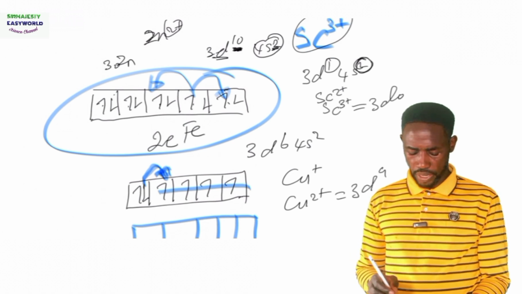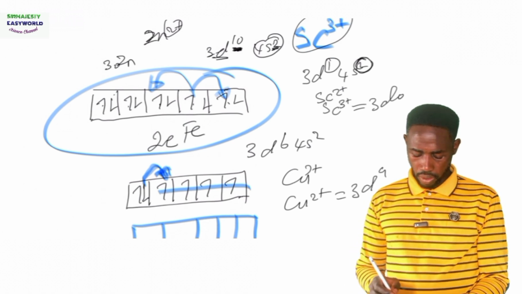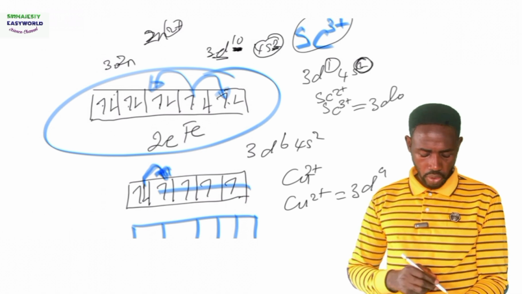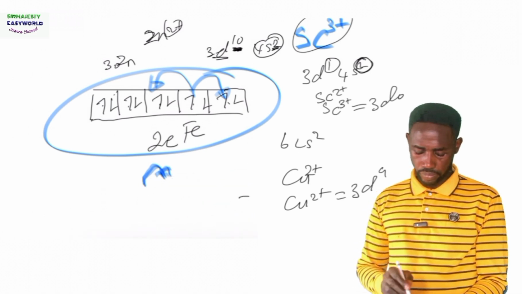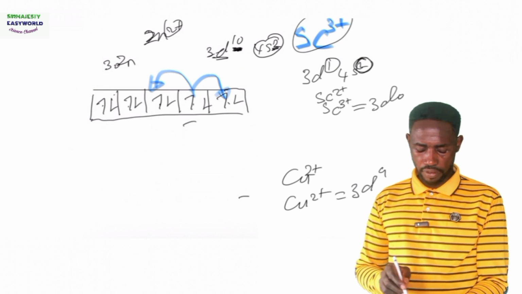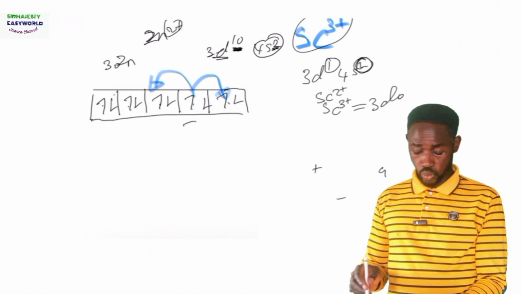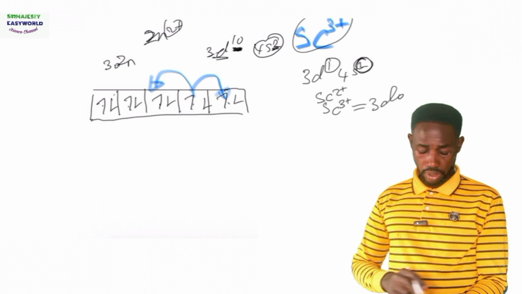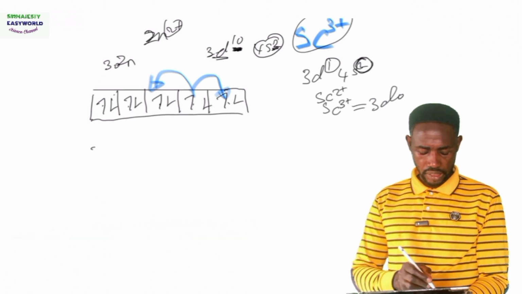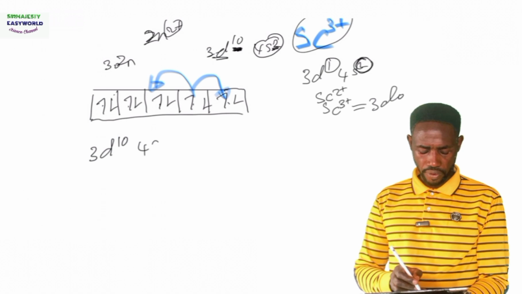Reason is because copper atom originally has 4s1 and 3D10, the atom in neutral state. Okay, the neutral state it ends in 3D10 and 4s1.